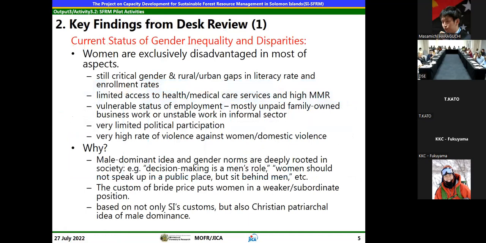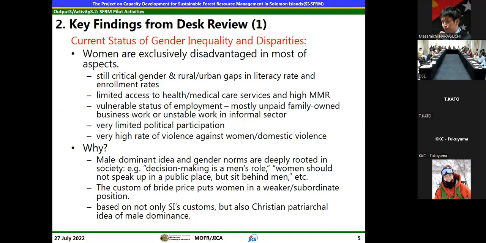So, some of our key findings. You might wonder why we have to talk about the gender inequalities and disparities there. Generally, women are disadvantaged in most aspects. You might agree with me or not, but this is what one teacher said: on gender equality, there is still a big gap in terms of literacy and education for Solomon Islands.